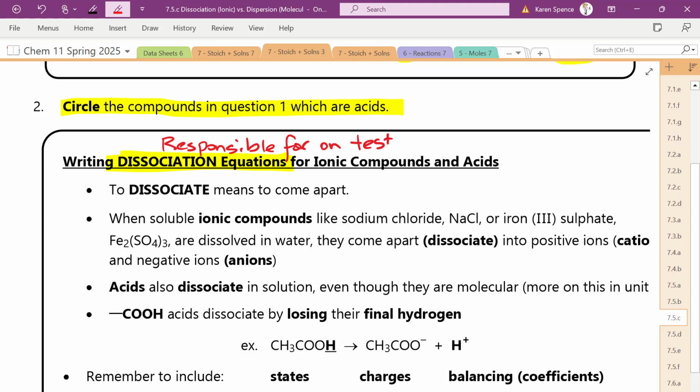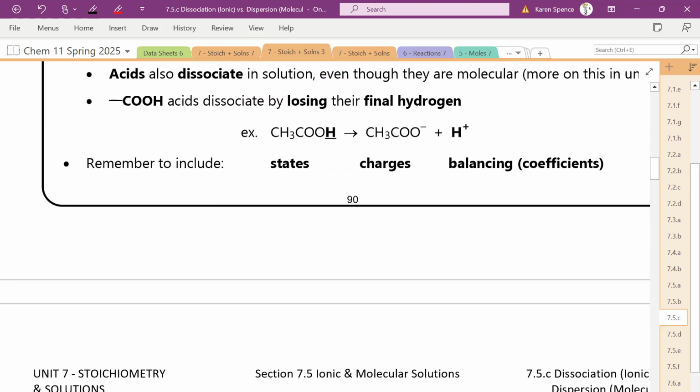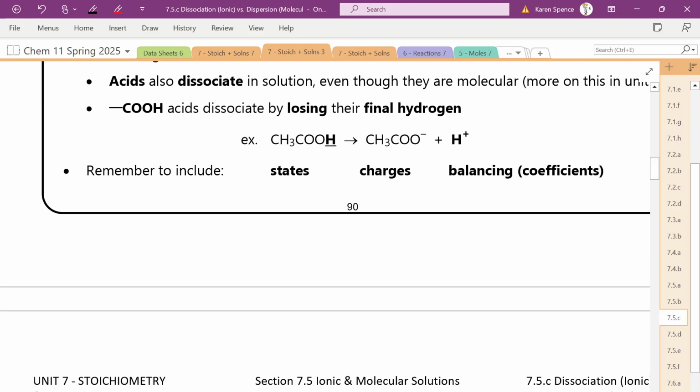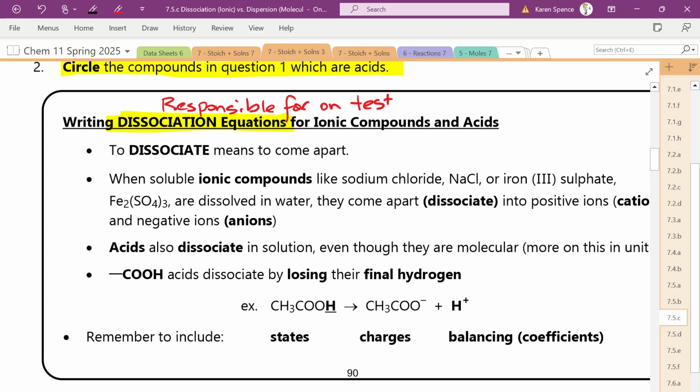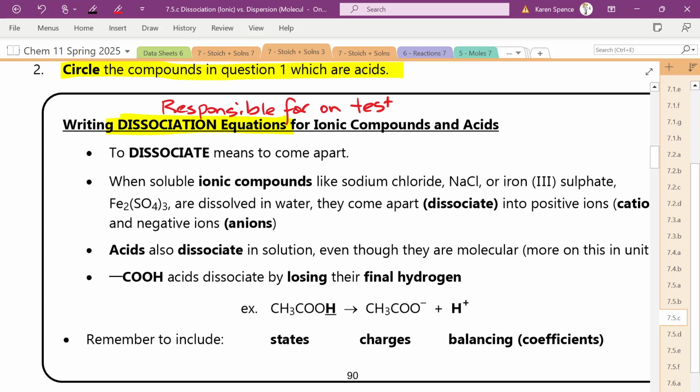If you have 2 ions, you need a coefficient of 2. All right, this is on page 90. Still on page 90. Is it not on page 90? Okay, good. Phew. Okay. Acids dissociate, ionic compounds dissociate.